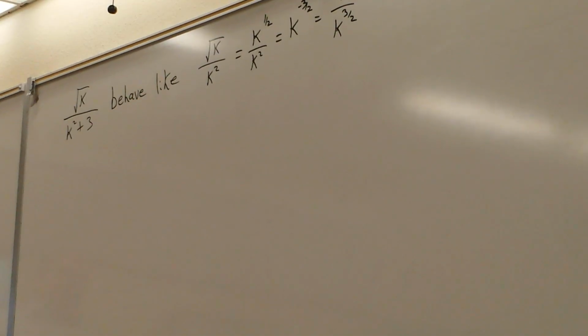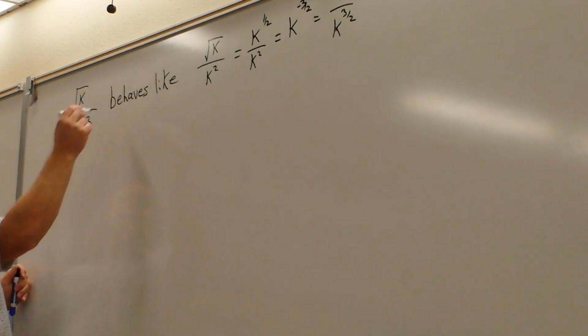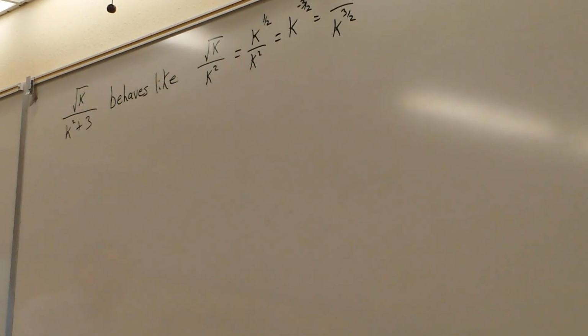So it behaves like 1 over k to the 3/2. What do we know about 1 over k to the 3/2?